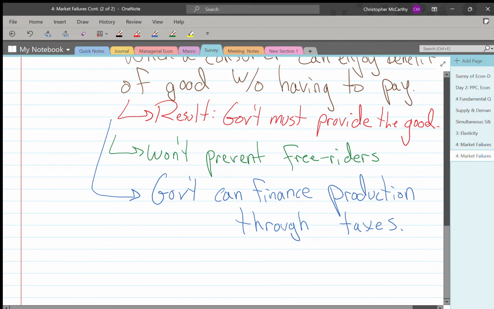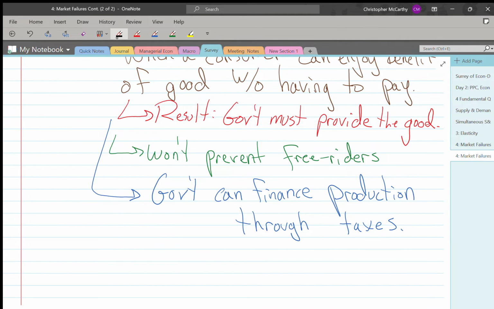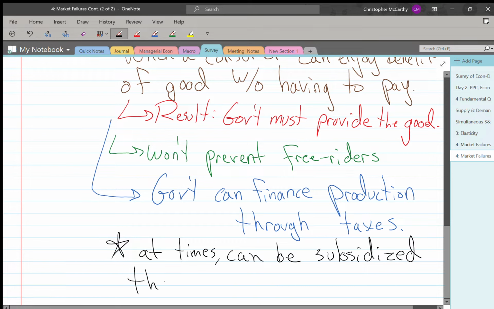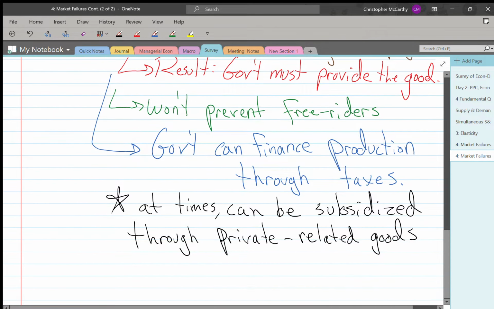Sometimes public goods can be subsidized through private related goods, therefore being provided by private firms.